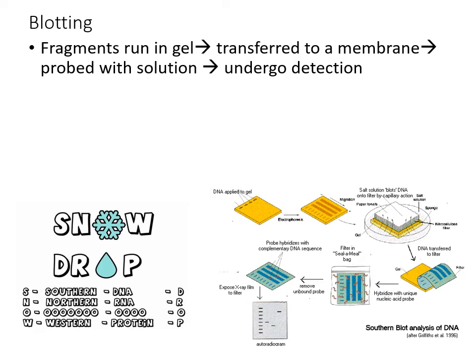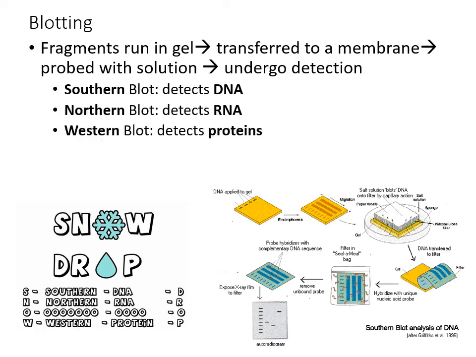Now, what I want you to know is the difference among southern blot, northern blot, and western blot. Some students like to use the trick of snowdrop to remember that southern blot is for probing or detecting DNA, northern blot is for detecting RNA, and western blot is for looking at proteins.